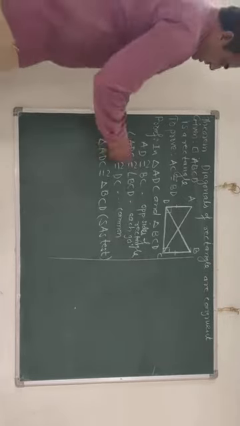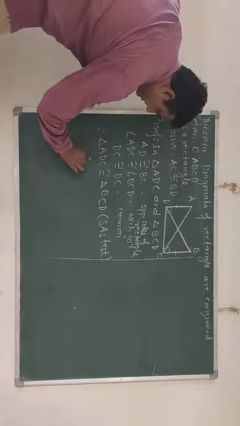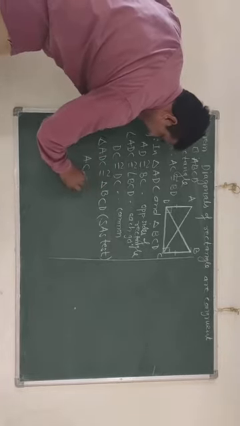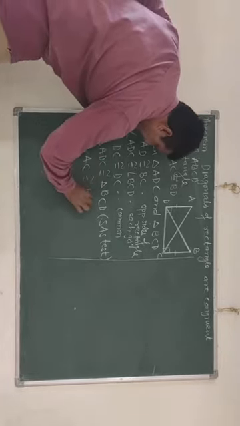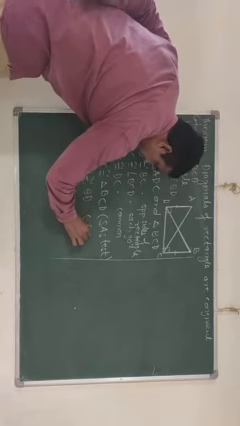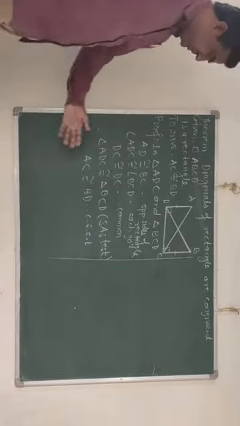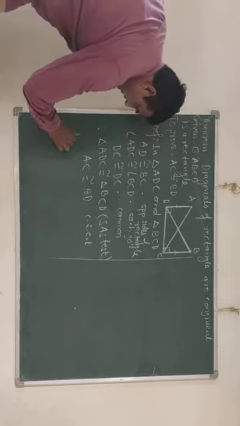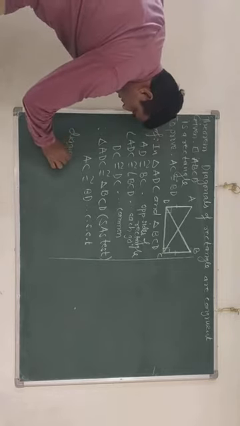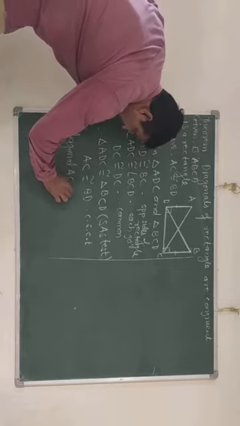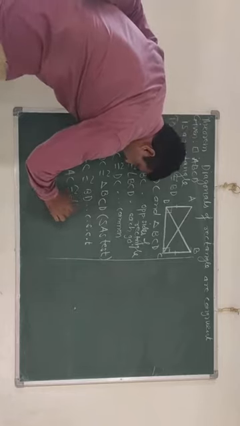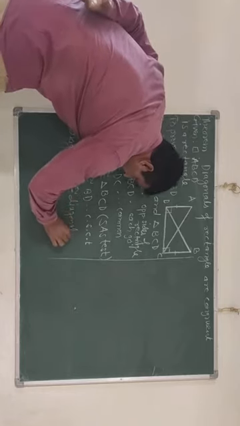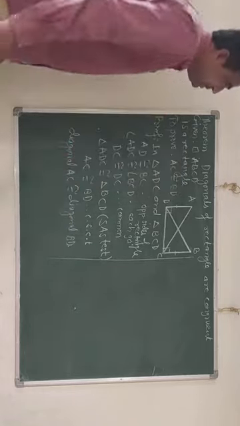So first third AC, second third BD: AC congruent to BD, corresponding sides of congruent triangles. So in this way we got diagonal AC congruent to diagonal BD. So in this way we prove this.